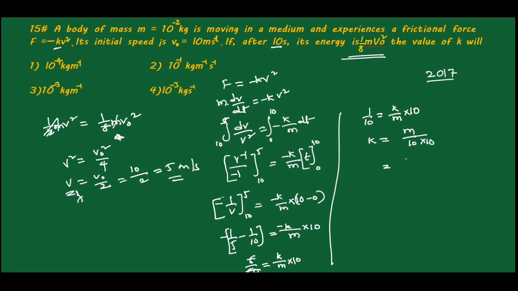So k is 10 power minus 2 into 10 power minus 2, so k is equal to 10 power minus 4. So here 10 power minus 4 is the first option.